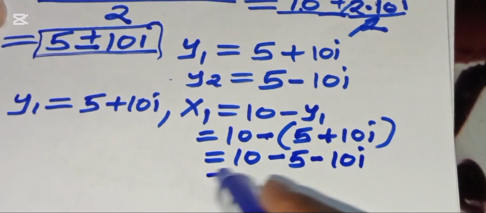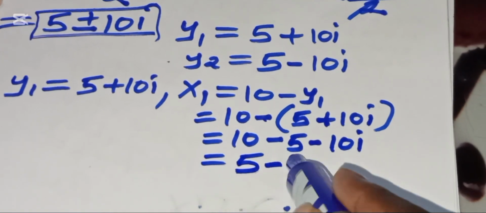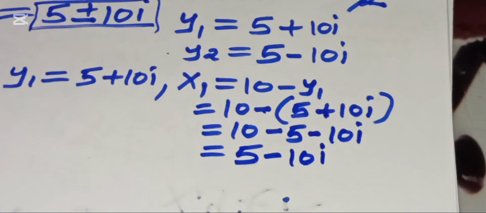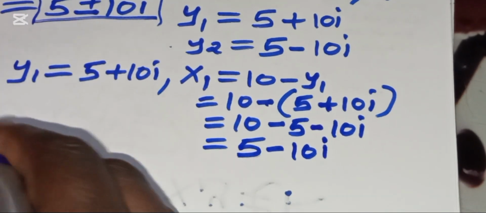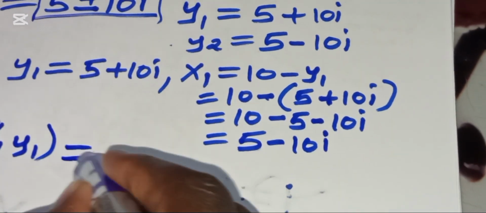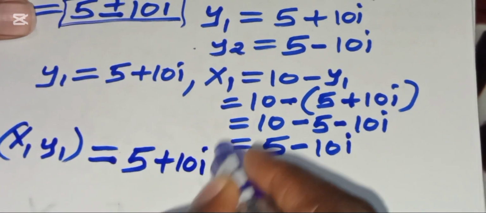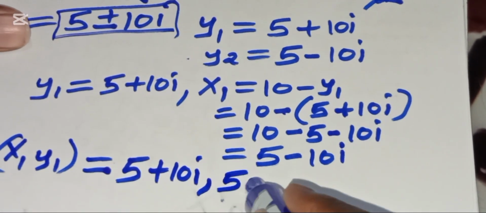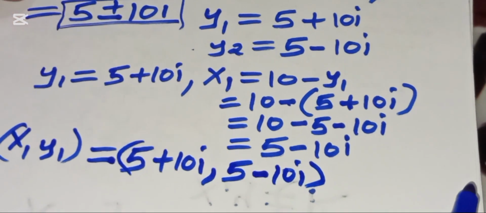So here this is 10 minus 5, which is 5 minus 10i. This is the value of x1. So x1, y1 is equal to 5 minus 10i, comma, 5 plus 10i.